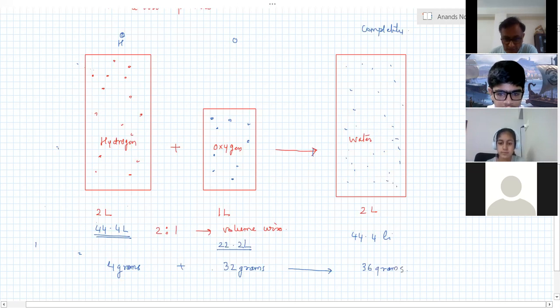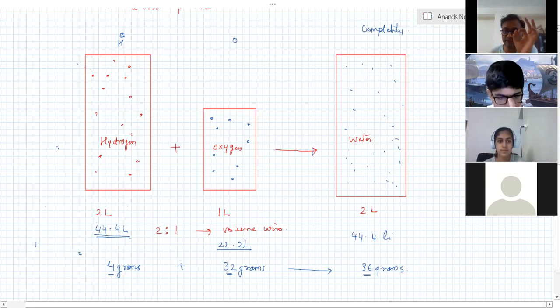The law of conservation of mass is this: whatever mass is going inside in terms of reactants has to match the mass of the products. But volume-wise, you need not have volume initially equal to volume final. Mass, it respects. There is no law of conservation of volume.